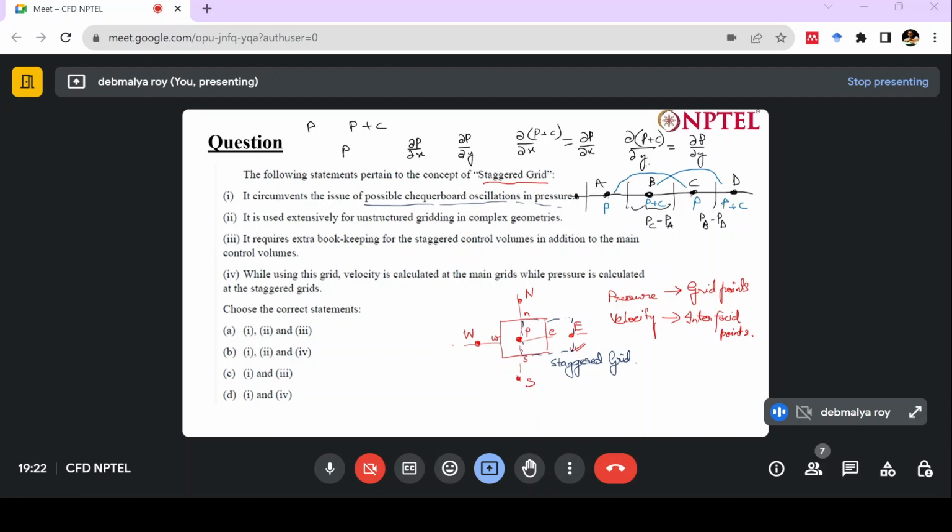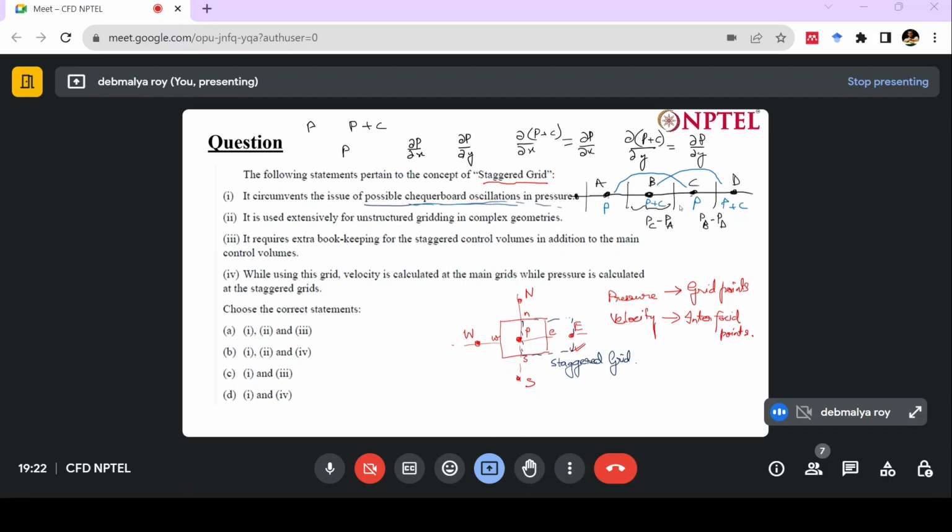These oscillation patterns may take place because the value of pressure at point B is not influencing the value of pressure at point A. So whether it is increased by a constant C or not will not influence the pressure P. But this creates an inconsistent result. This is what is referred to as possible checkerboard oscillation. It looks like a checkerboard, basically.